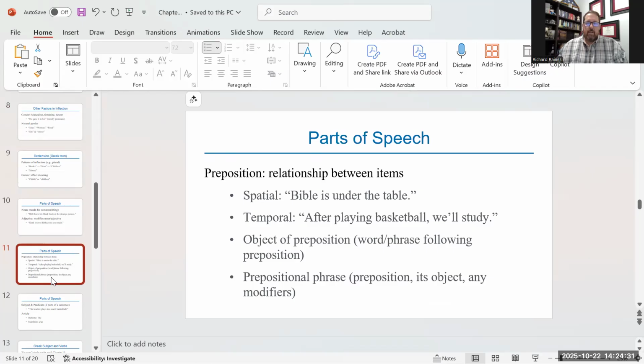So after playing basketball is the prepositional phrase. Then you have to think about the object of the preposition, like the Bible is under the table. Table is the object of the preposition. So you have prepositions, prepositional phrases, objects of the preposition.